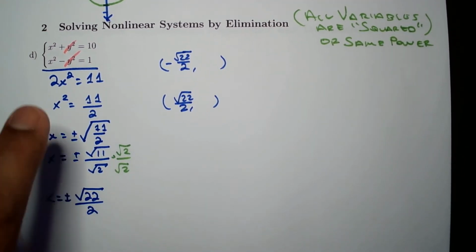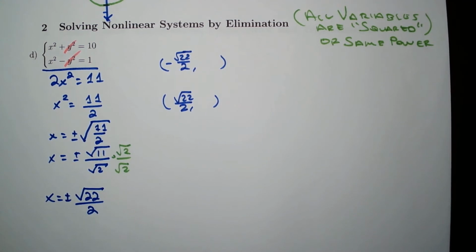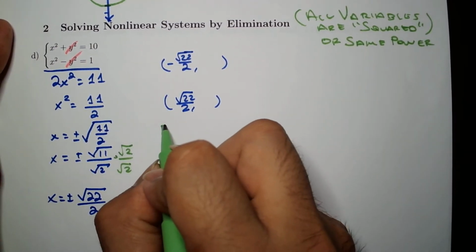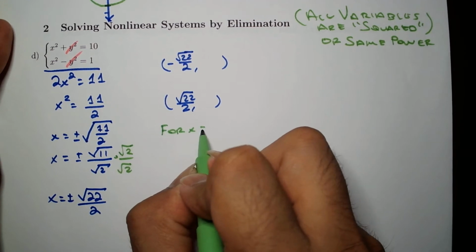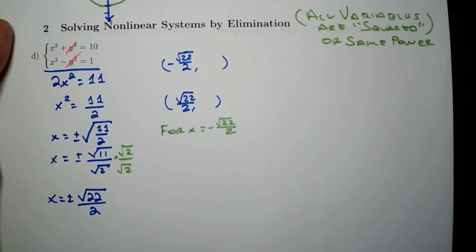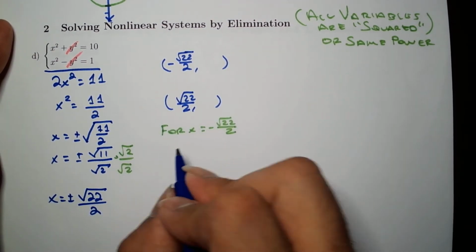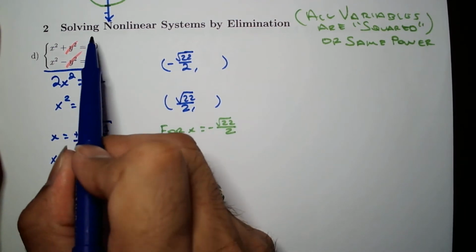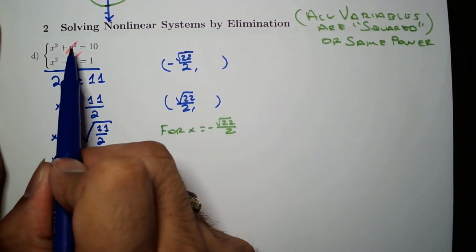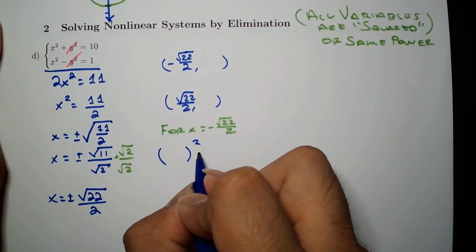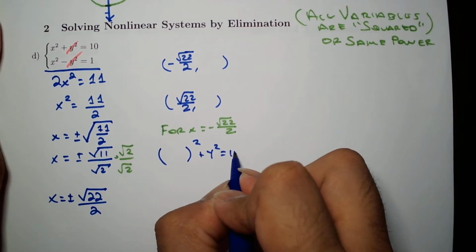All right. So what are we going to do? We need to go back and find y. So in this case, for x equals negative root of 22 over 2, what do we get? We can go back and substitute negative root of 22 over 2 in any of the original equations. I'm going to choose the first one because everything is positive. Quantity squared plus y squared equals 10.